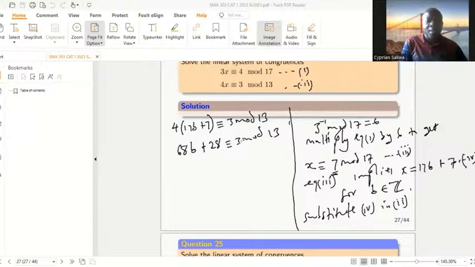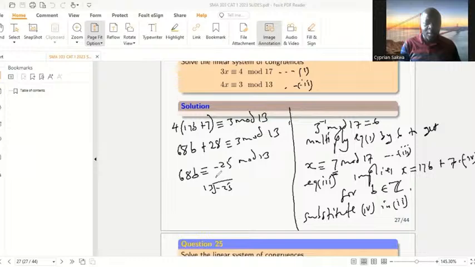Let me take the 28 to the other side, and this will be 68b congruent to negative 25 mod 13. But I want you to know how to reduce these. If 13 were to go into negative 25, how many times?